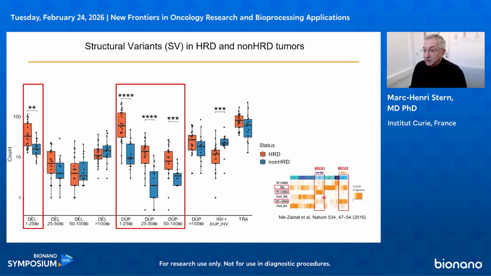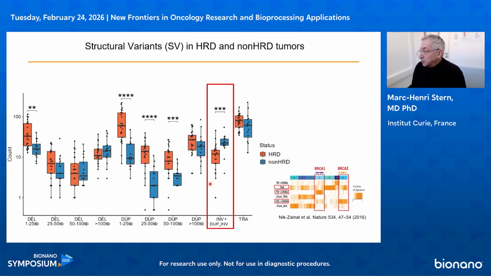We had the expected winners, such as deletion and duplication. Those features were already known and described by the landmark paper of Nik-Zainal, who characterized a large number of breast carcinomas using deep whole genome sequencing and sophisticated analysis.